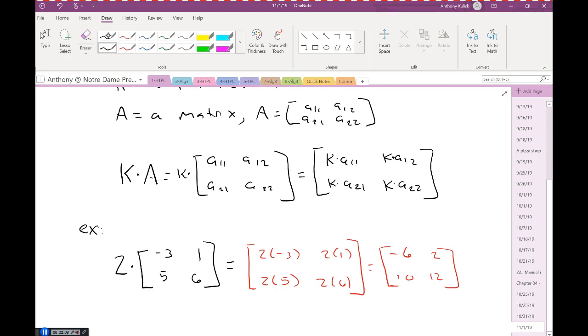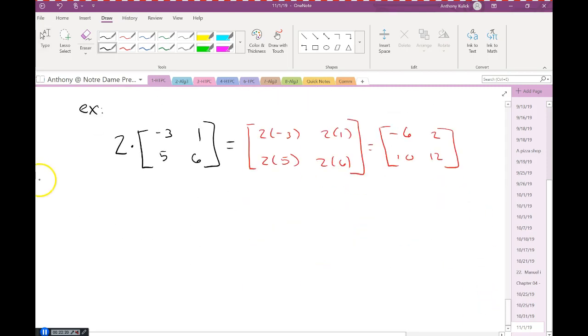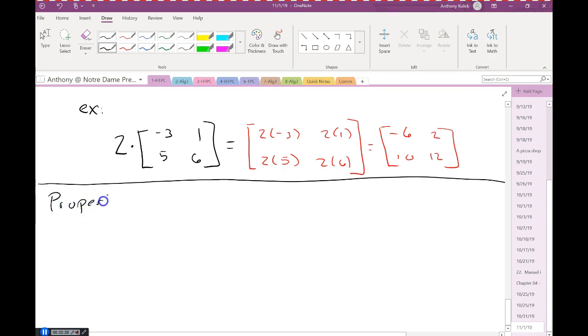The next ones that we'll talk about next week are a bit more difficult to do by hand, but not so bad. But before we start talking about those, I want to talk about some properties for these 3 operations: addition, subtraction, and scalar multiplication.